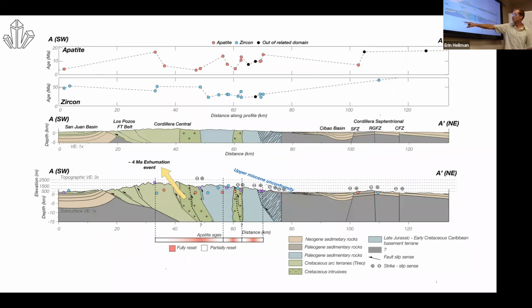And so where you have white in these bars below the central Cordillera, you have unreset to partially reset ages, so meaning the older to very young ages. And those are going to be associated with major thrust faults that are exhuming all of that material, or bringing that material up from depth. And that's happened around about 4 million years ago, just based on the ages. We also have an upper Miocene unconformity that's been deflected upwards, which serves as another datum we can use to estimate the uplift of the central Cordillera.